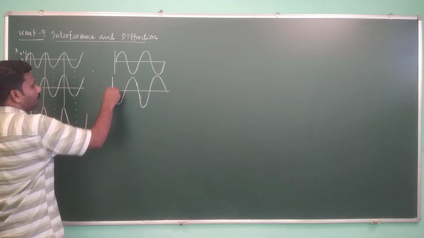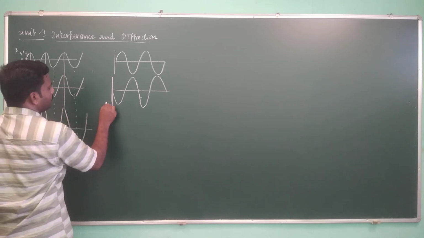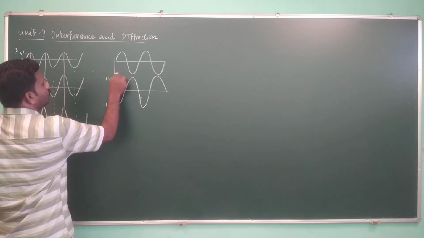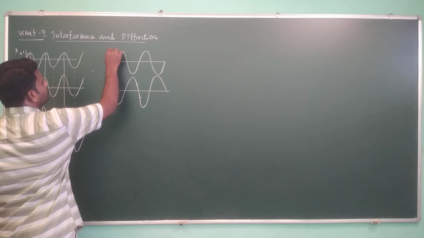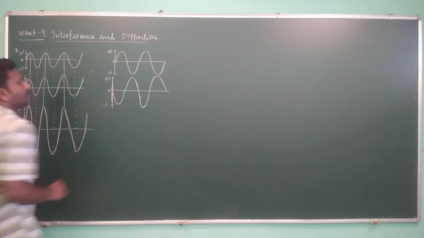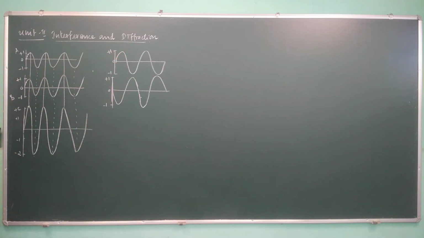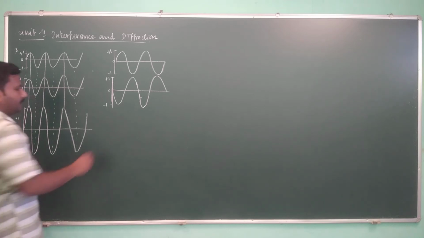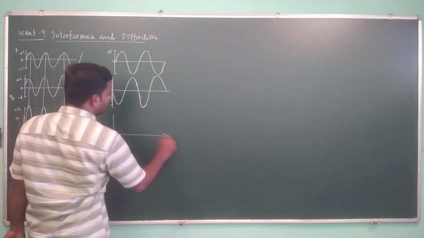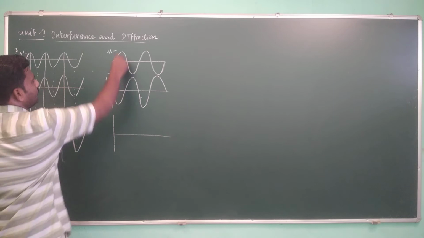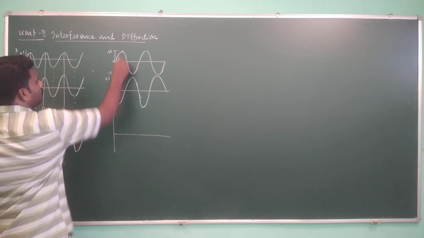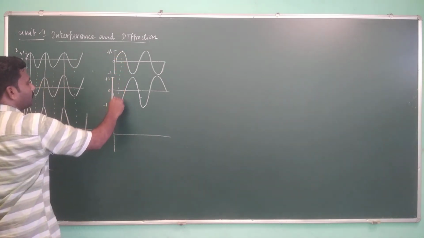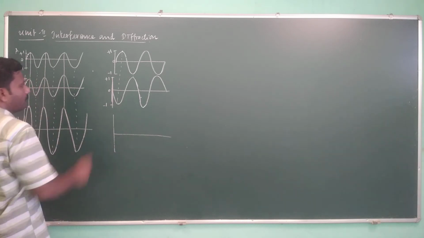Now here the maximum amplitude is again +1 and -1 for these two waves, right? In this case, what would be the resultant? Here also, if you sum them, what will happen? +1 and -1, right? Let's consider the peak, so +1 and -1.